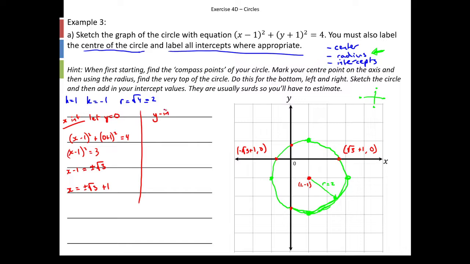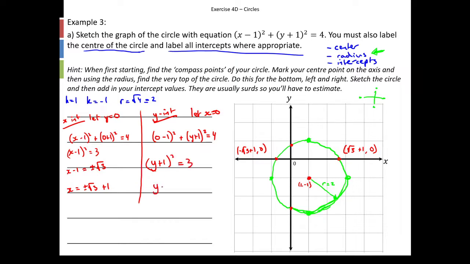Now we're going to do our y-intercepts exactly the same way. So we let x equal 0. So we get 0 minus 1 all squared plus y plus 1 squared equals 4. Negative 1 all squared is 1. Take away 1 from 4 is equal to 3.